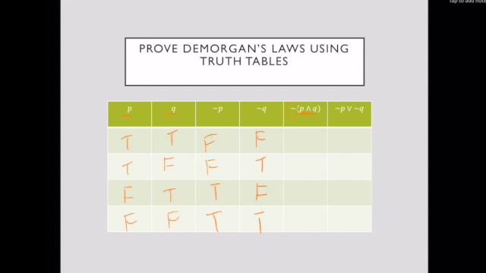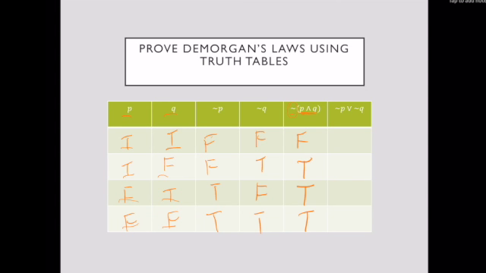Let's look at P and Q. Remember, P and Q is only true if both values are true, but then I'm taking the negation of that. So here I have true and true. That would be true, but it's the negation, so false. Here I have true and false. That would be false, but it's the negation of that, so I have true. False and true, that would be false, but the negation of that makes it true. And false and false, that would also be false, but the negation of that makes it true.